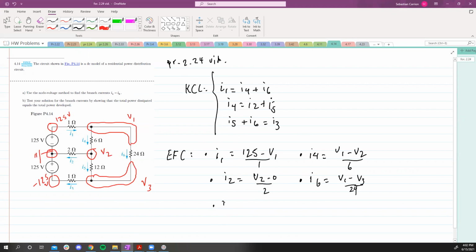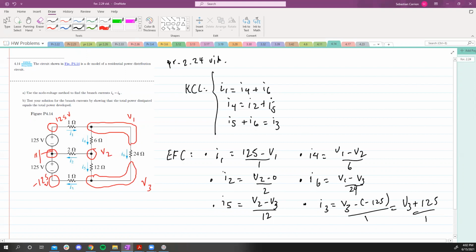I did I2, I5 equals V2 minus V3 over 12, and I3 equals V3 minus negative 125 over 1. This would be V3 plus 125 over 1. Okay.